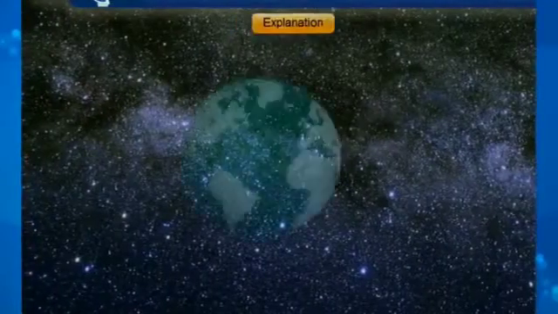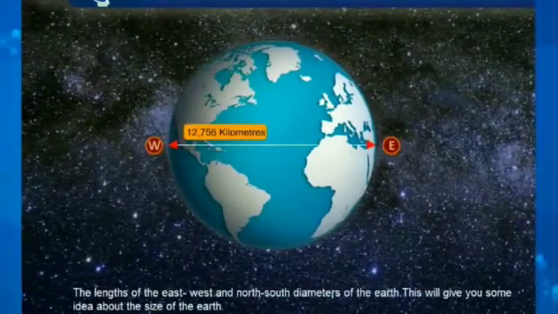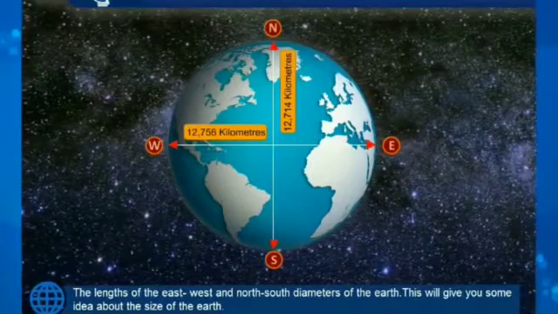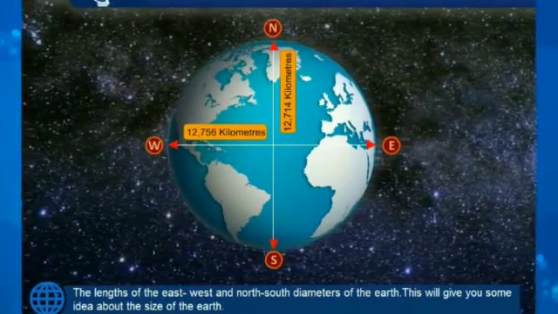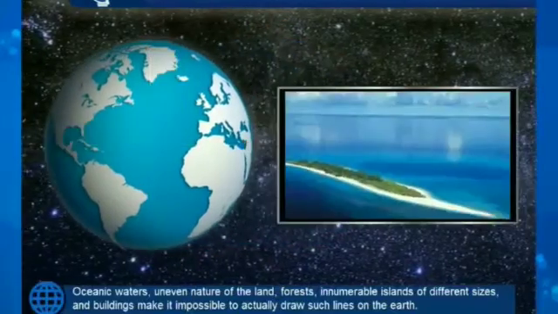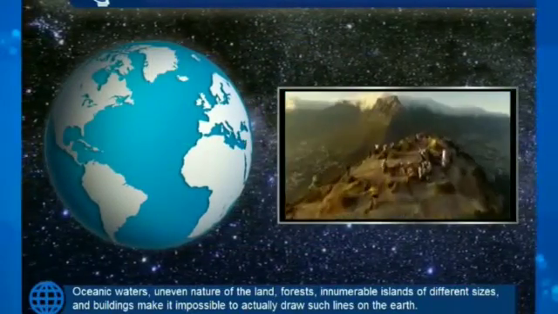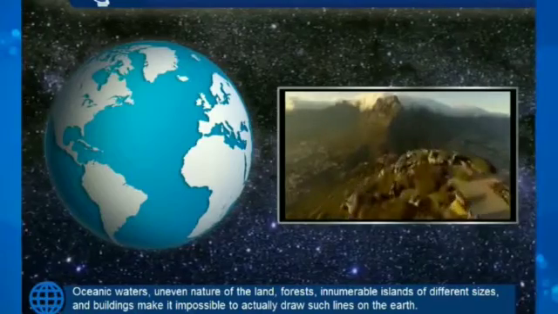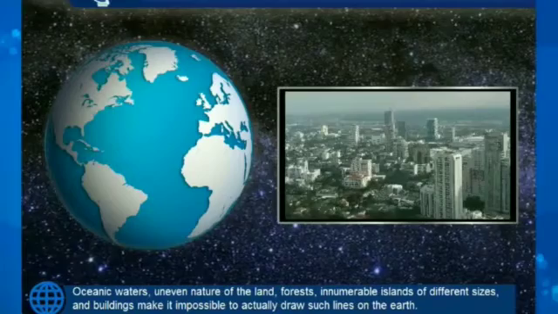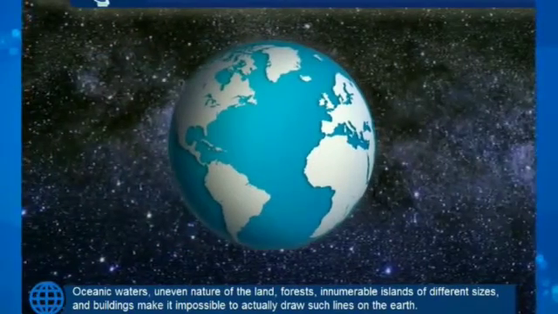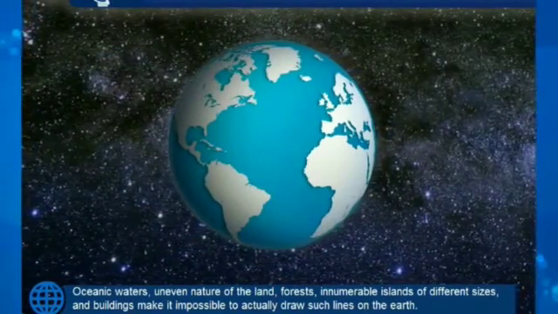Explanation. The lengths of the east, west and north, south diameters of the earth. This will give you some idea about the size of the earth. Oceanic waters, uneven nature of the land, forests, innumerable islands of different sizes and buildings make it impossible to actually draw such lines on the earth.